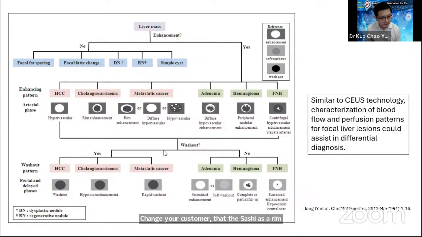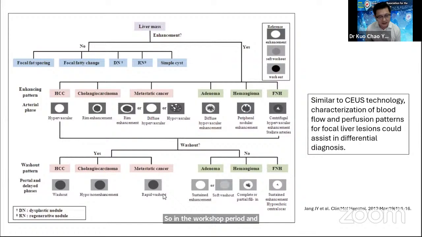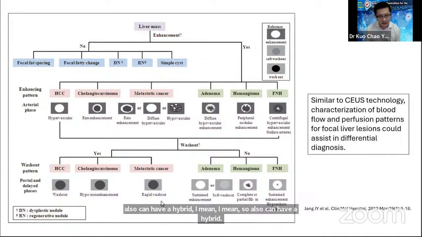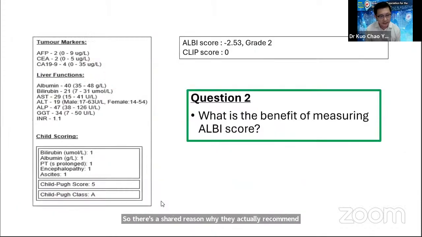In the washout period, HCC, cholangiocarcinoma, and metastatic cancer can all show hypo-enhancement after the washout. So there's a reason why they recommended proceeding with liver biopsy. The alpha fetoprotein is 2, all the other cancer markers are normal, and the Child-Pugh score is A. And as Prof.